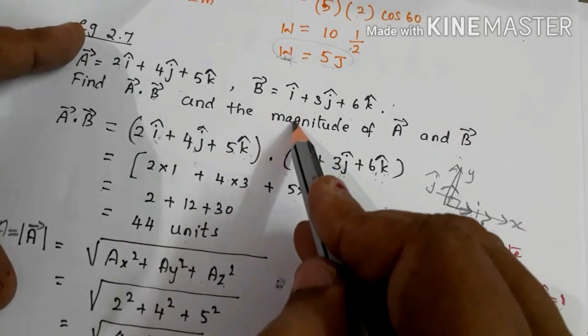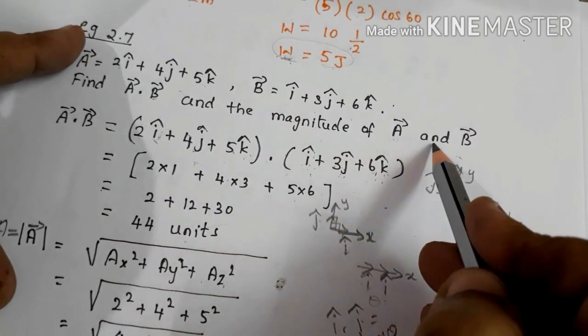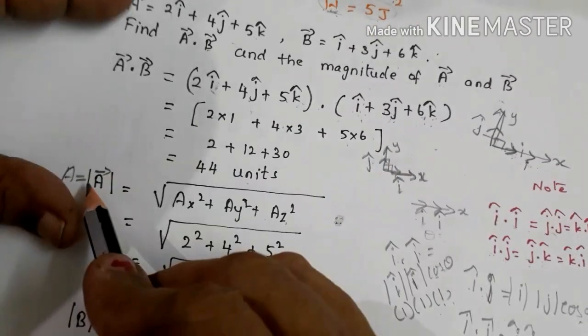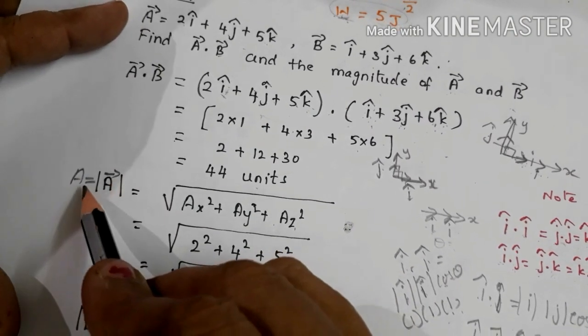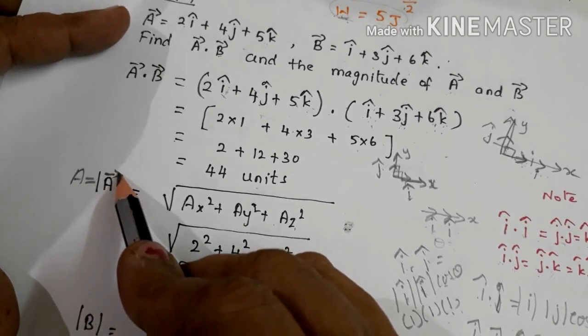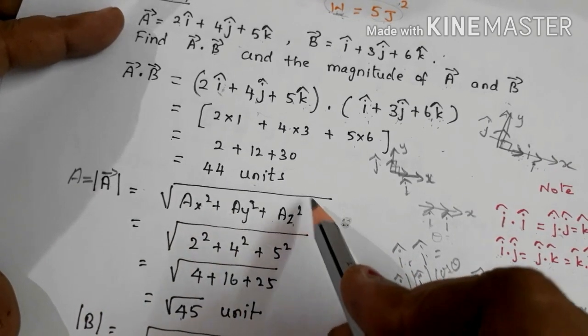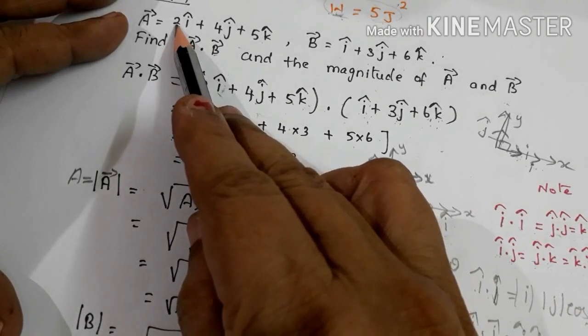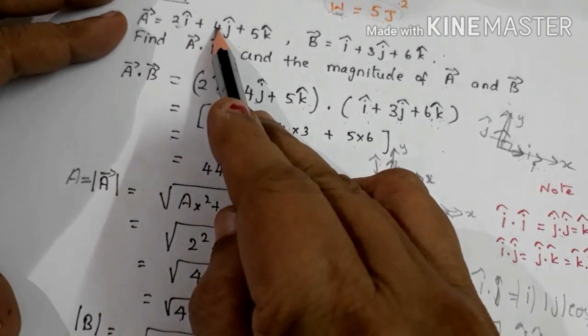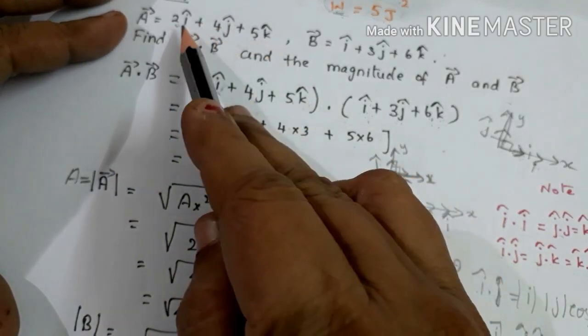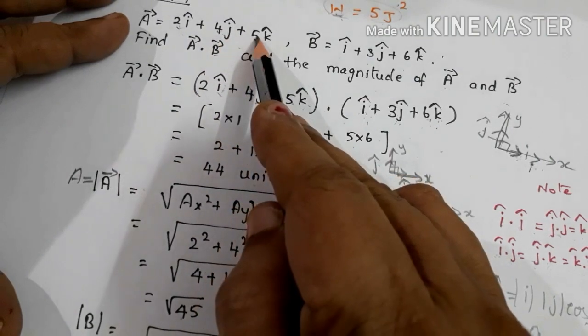The next part of the question is that the magnitude of A and the magnitude of B should be determined, right? The magnitude of A, mod A vector, is equal to root of Ax square plus Ay square plus Az square. Ax is 2, Ay is 4, Az is 5. So 2 square plus 4 square plus 5 square.